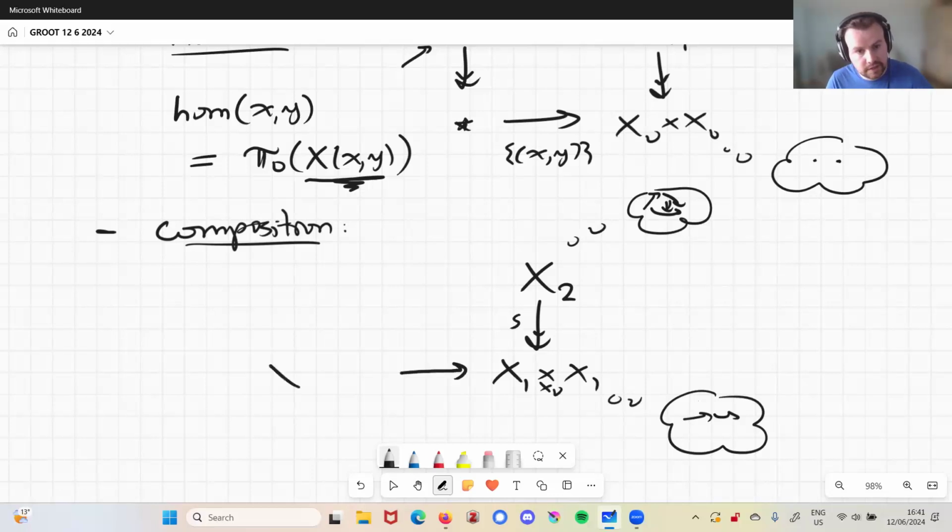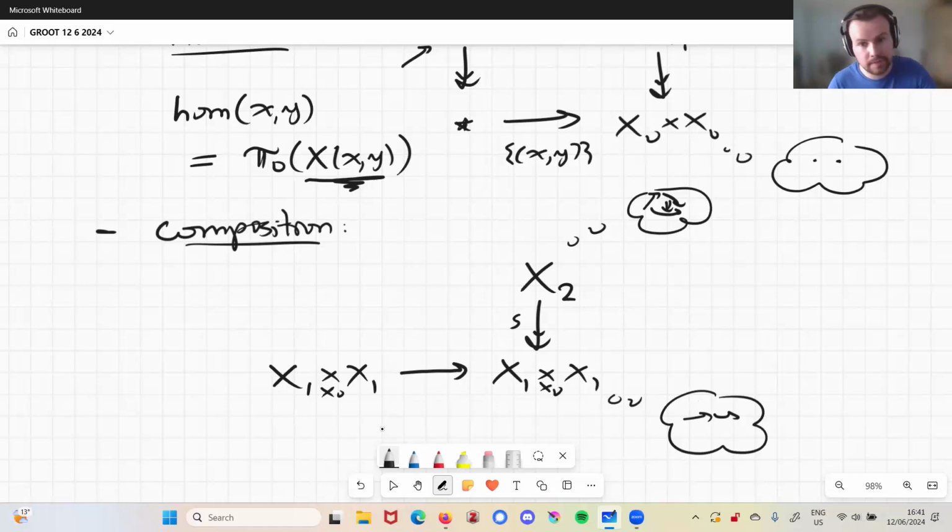And we can assemble from this a nice lifting problem in model categories. Again, I don't know if anyone here hasn't seen model categories before, but if you haven't, the calculus of model categories is to turn everything into liftings, to lift along fibrations. And there are a lot of results that show that this is sufficient to do a lot of homotopy theory. So we're going to do just that.